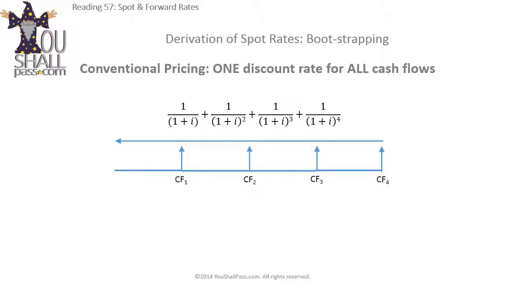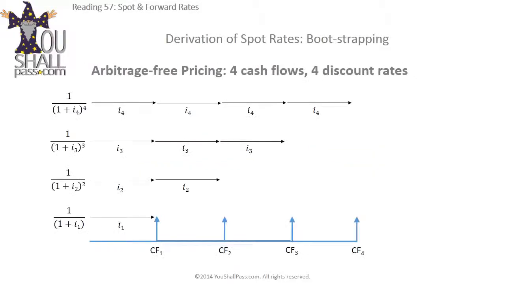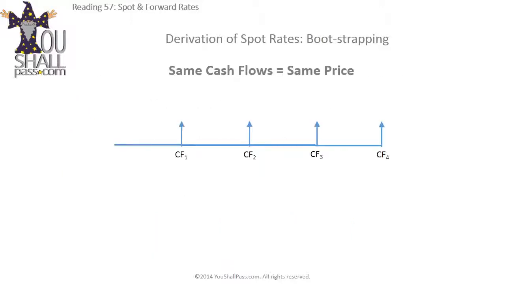Okay, now the next thing we need to realize is that whether we consider these cash flows as part of a regular coupon bond and we discount them to present value using one discount rate, or we consider them to be a package of several individual zero coupon bonds and use different discount rates to value each such bond, in the end, it's the same cash flows that we are talking about.